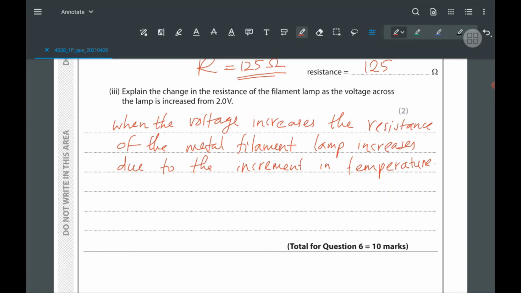Since we have mentioned that part, for 2 marks that would be enough, but you can explain a little bit further if you want: the number of electrons which would move through a wire would not pass through because the temperature has already increased.